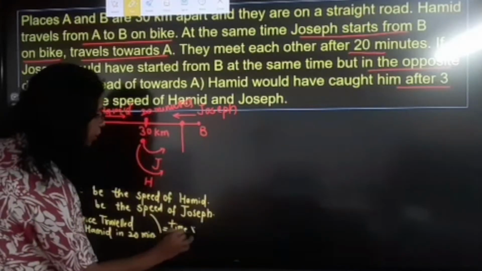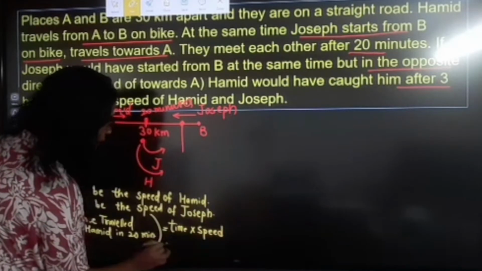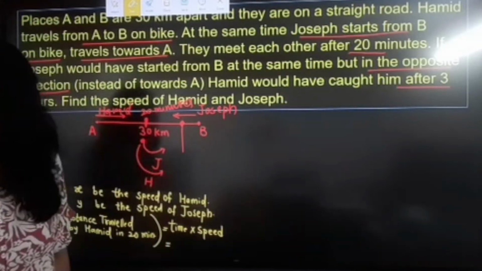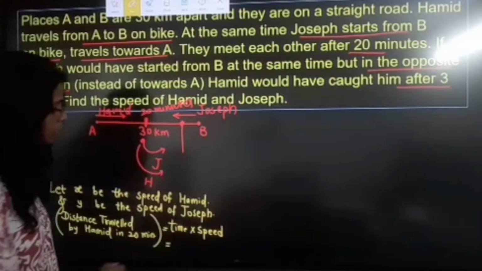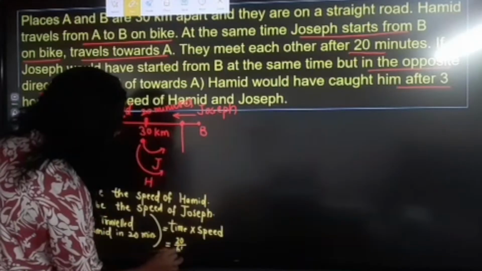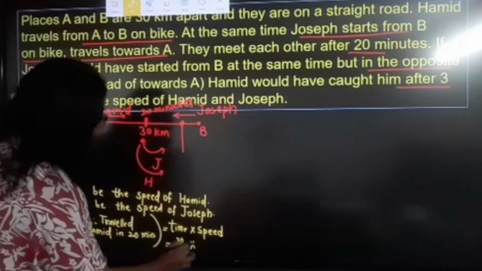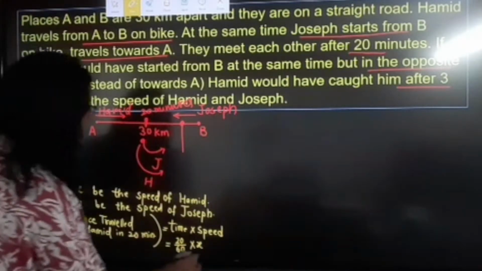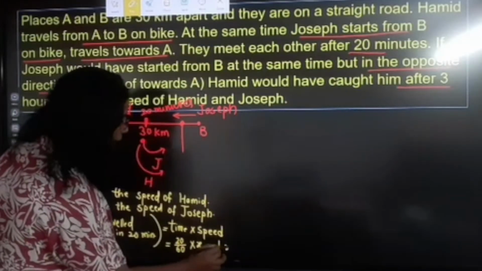So the distance traveled by Hamid in 20 minutes is equal to time, that is 20 divided by 60, into speed, which we consider as x, and that will be equal to 1 upon 3 x.